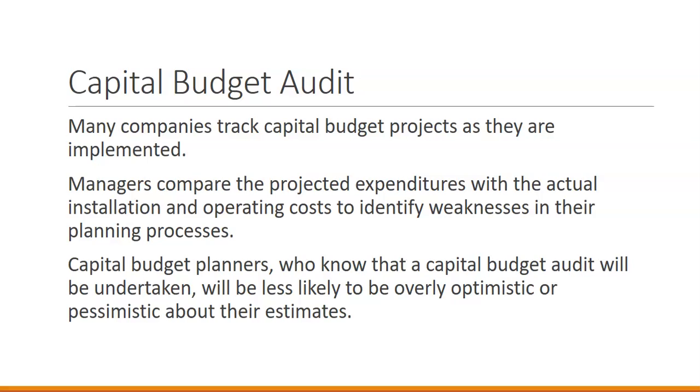If we're building a building from scratch and it's going to take an extended period of time to build that, we might do a monthly capital budget audit to look at the percentage that it's currently complete, the cost that we've currently spent on it, and what that looks like compared to our actual schedule, plan, and budget for this capital investment.